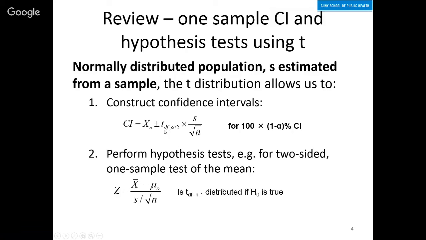And that T distribution has one more parameter in it. There's only one standard normal distribution, but for the T distribution there is a different one for each degrees of freedom. So you need to know how to calculate the number of degrees of freedom for the test that you're doing, and that tells you which T distribution you will use for your confidence interval or your hypothesis test.